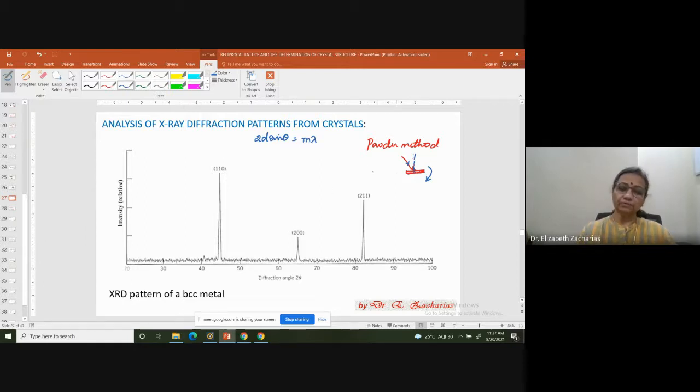And please remember, if I take a cell like this and a plane here, and if I take parallel planes like that, the d value is going to be different.